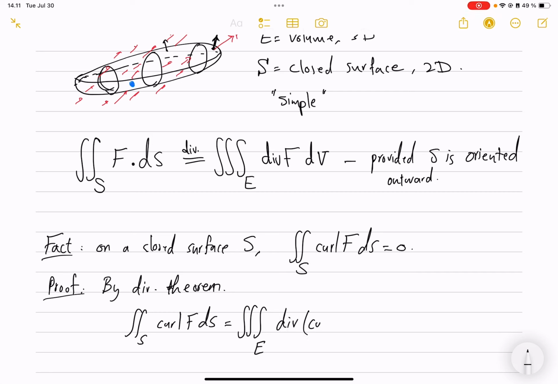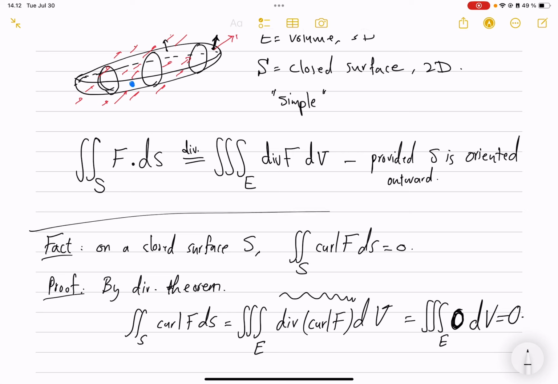So this will be the divergence of the curl of F. And it is very well known that if you take the curl and then the divergence, then you always end up with 0. So this is integrating in the interior the scalar function 0, and that is 0. So that's the second proof that I had previously promised of this fact.